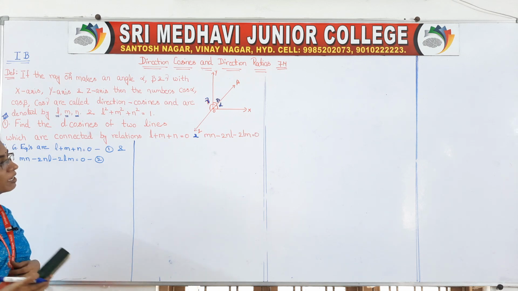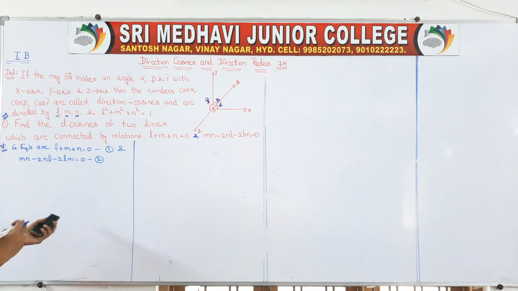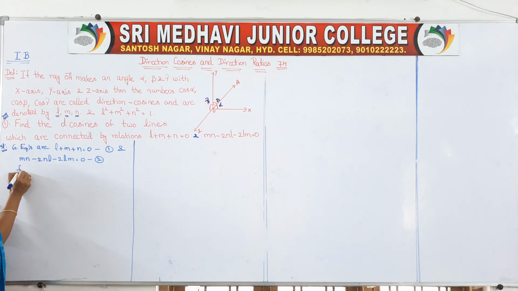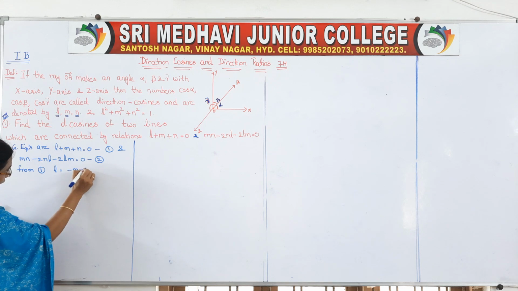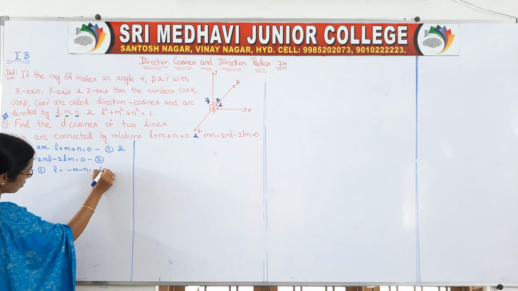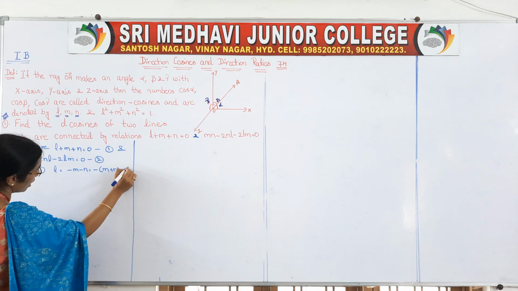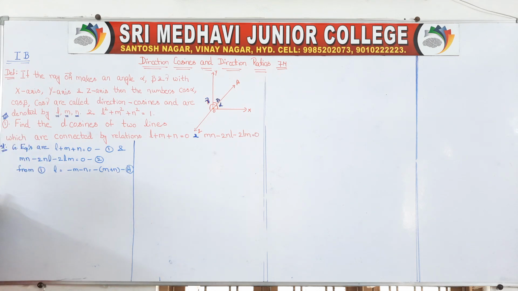Whenever we are having two equations, by solving these we have to get our direction cosines. From the first equation, take one value: L is equal to minus M minus N, or minus of M plus N. Consider this as equation A. Now substitute this L value in the second equation.